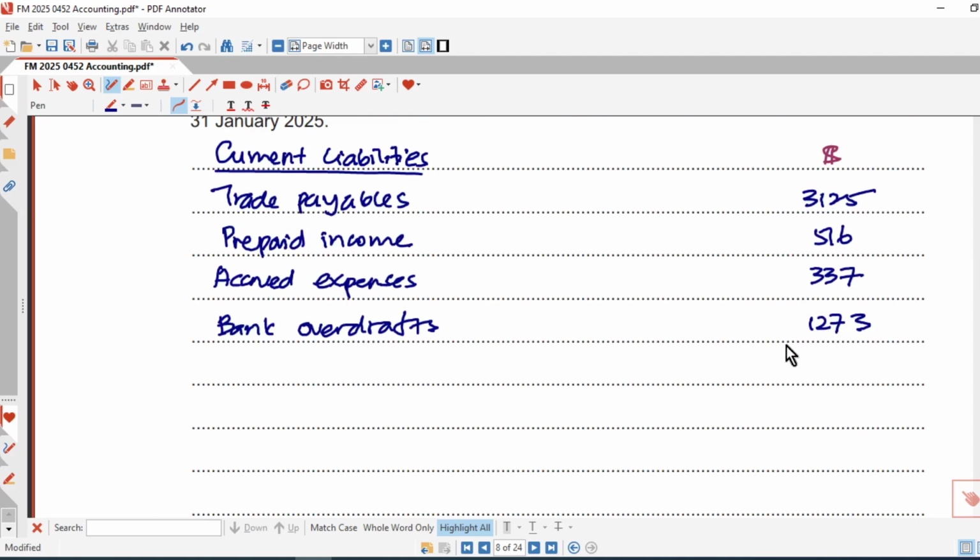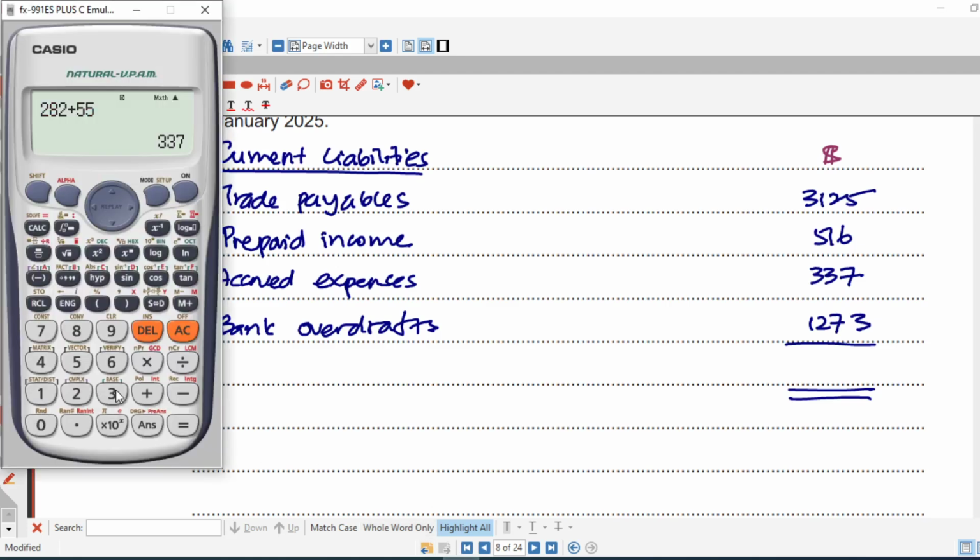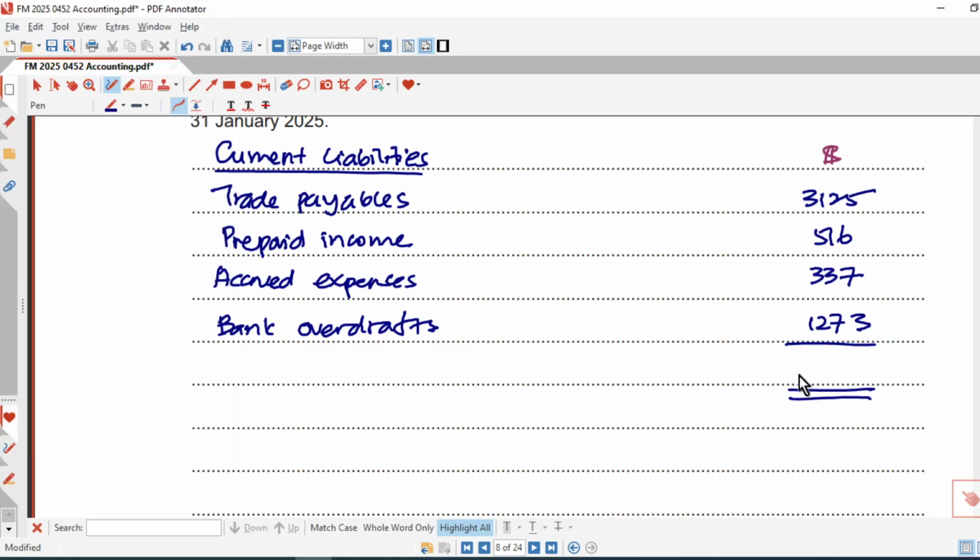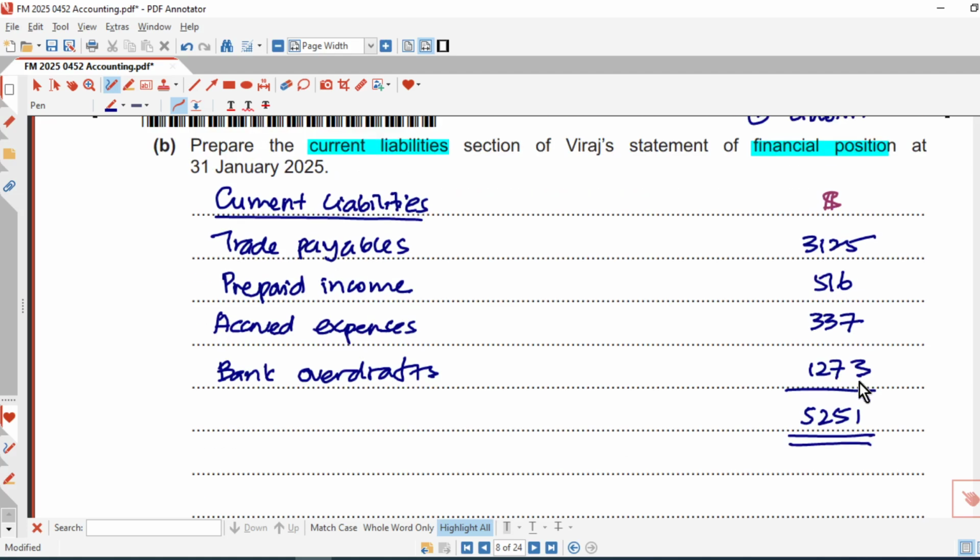And we can do a sum up. And there you have it, 5,251. That is the total of our current liabilities.